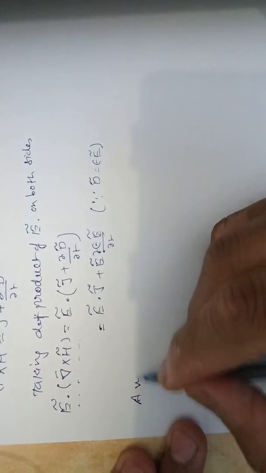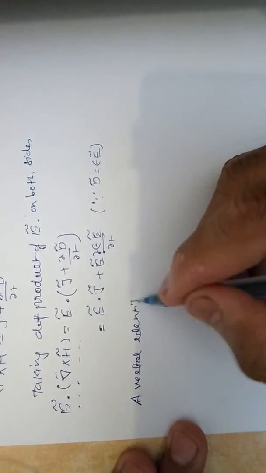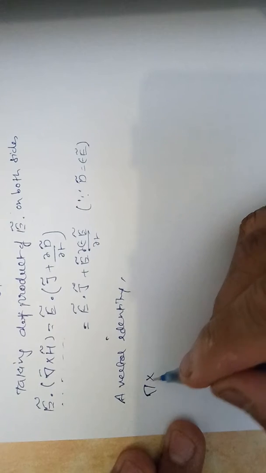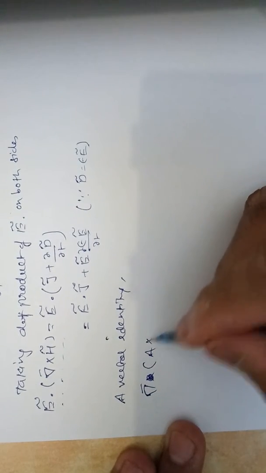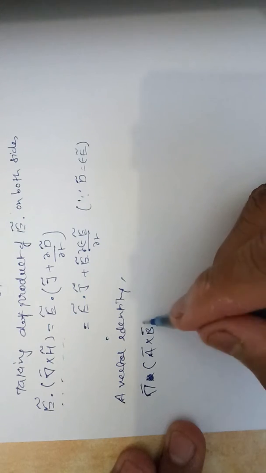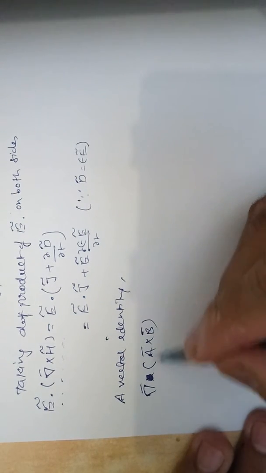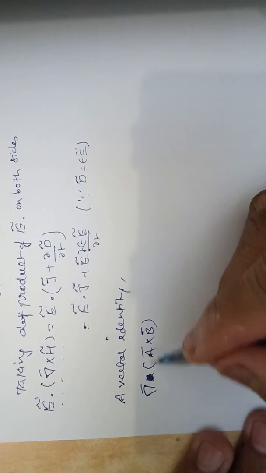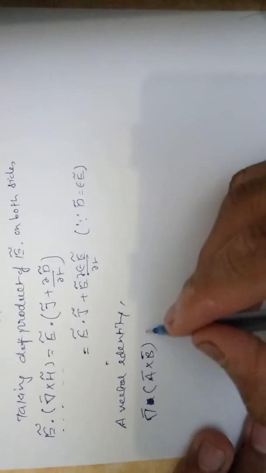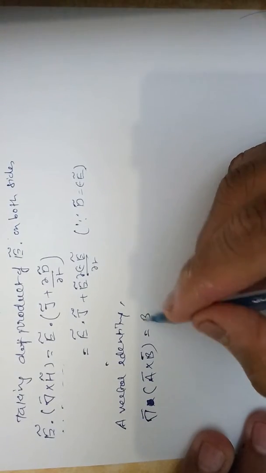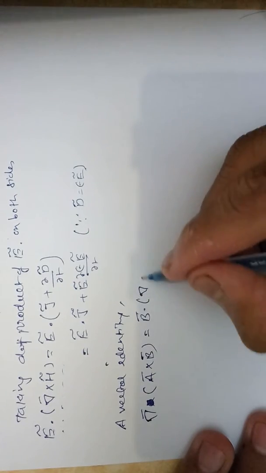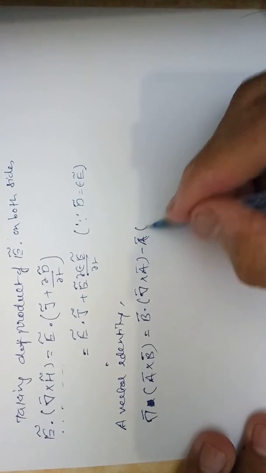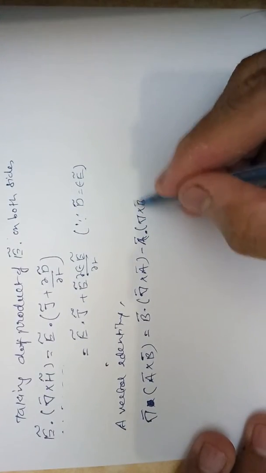The vector identity is given as: del dot A cross B. Consider any vector A and any vector B. If I multiply A and B using cross product, and take a dot product of this bracket with del, this is given as B dot del cross A minus A dot del cross B.